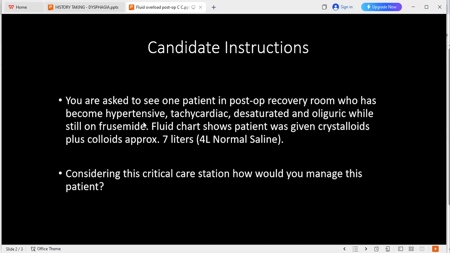The patient is already hypertensive, so we might add something, or Lasix is already given. I don't know, we can give mannitol, or what else we can give.